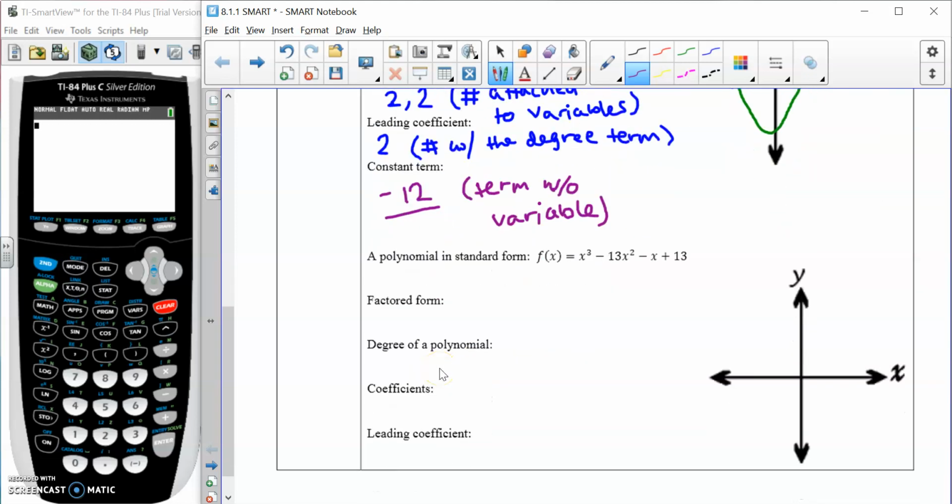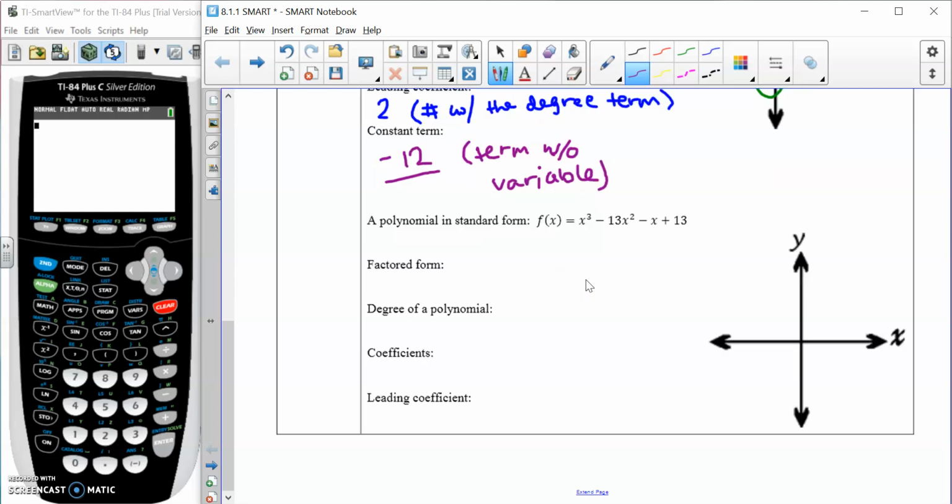So this next example is actually a cubic function. If you'll notice, this has an exponent of 3 rather than the 2 that we're used to. And so this factored form, you guys aren't really familiar yet with how to factor cubic functions, but there's actually a trick to it that we can use our calculator for. So let's just go over here to our calculator, and we can go ahead and type it into our y equals.